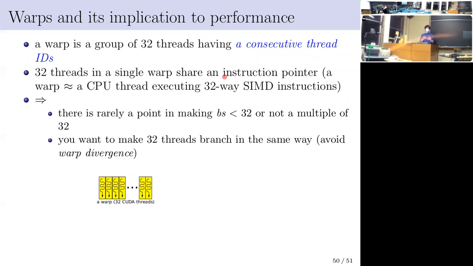So it never happens that in a single cycle, some threads within a warp execute one instruction, and other threads within the same warp execute another instruction. This never happens. So 32 threads need to execute exactly the same instruction in a single cycle, except that some threads within a warp do not do anything.